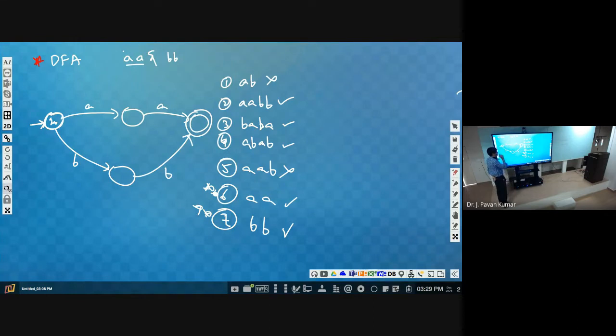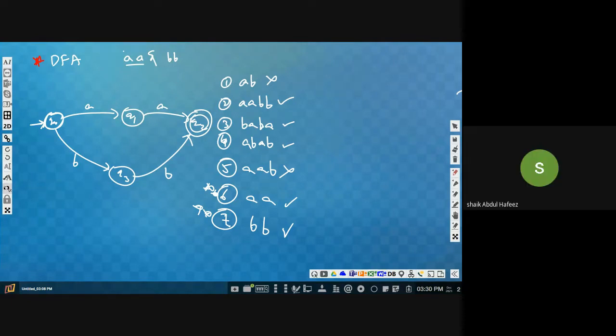Now, after having two A's, if we have one more A, then where should we go? Q2, Q3, like this. After having one A, if we have a second A, then we can reach the final state. Suppose we have a third A, then we should not end at the final state. Now you tell me where we should go.